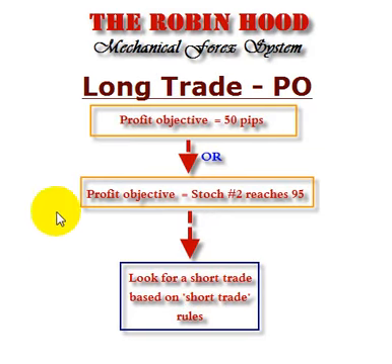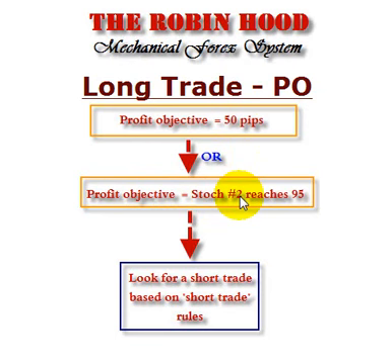Okay, so we placed the stop loss and we're in the trade, correct? So now we need to focus on the profit objective. The first option for the profit objective is 50 pips from the entry, or we go to profit objective number 2, which is stochastic number 2 reaching 95. So again, it's either option number 1 or option number 2.